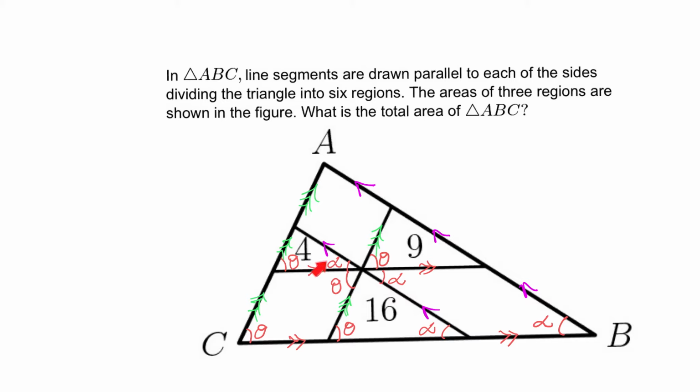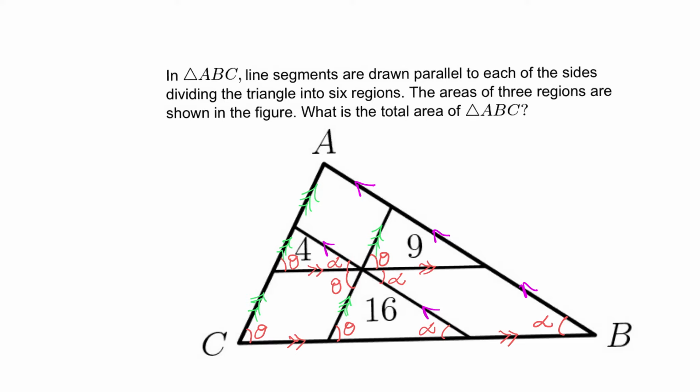Now once we understand that these triangles are similar to each other, then we can easily complete this problem by using the areas of similar triangles theorem, which says that the areas of similar triangles are in the ratio of squares of their corresponding sides.